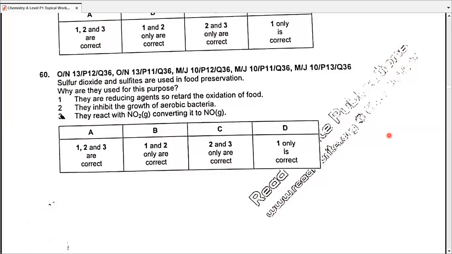Oh, okay, then it's beta. Just an ion. Then beta, right? Okay, because the last is not correct for sulfite.